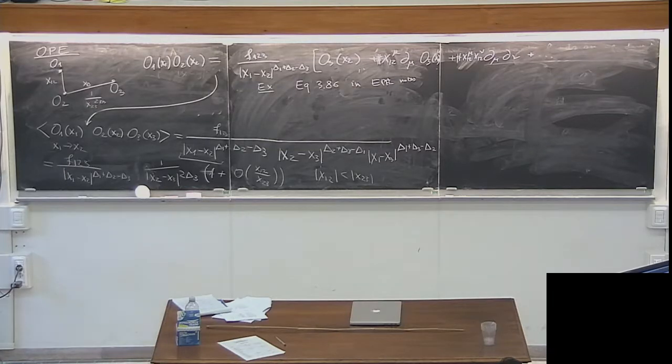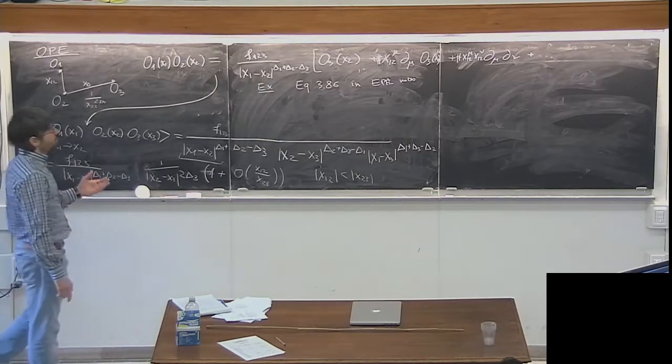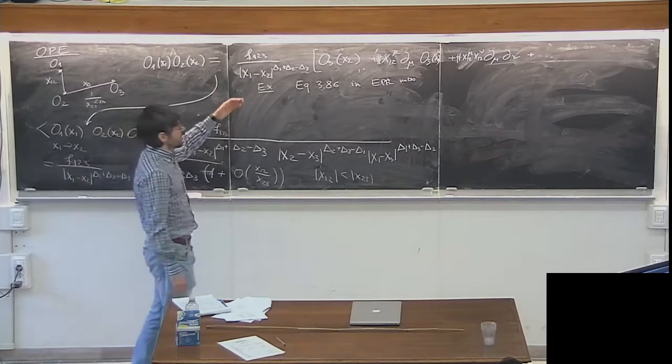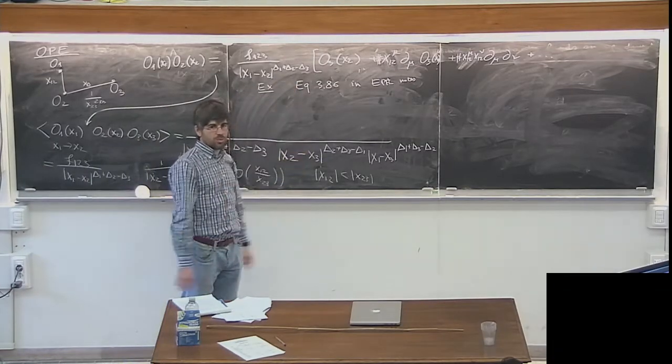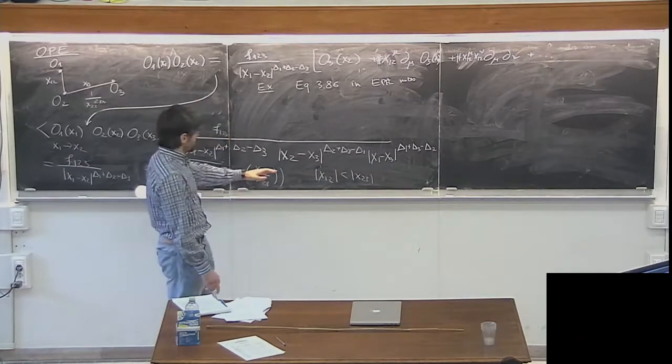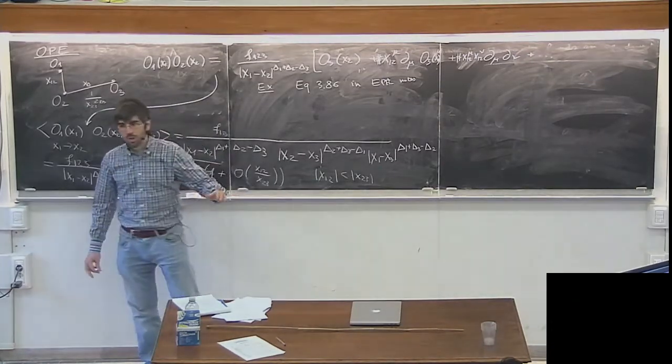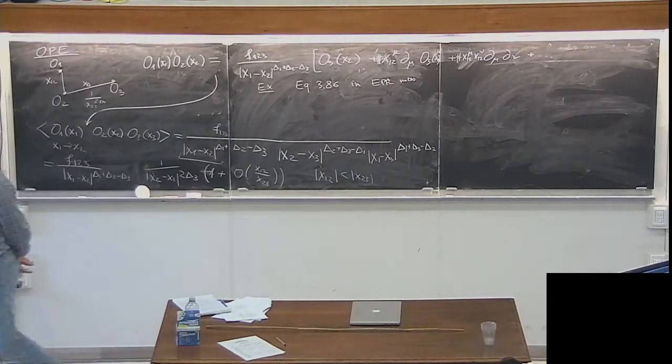But for what we are going to do next, it's going to be very important to use the OPE not just at infinitesimal point separation, but also at finite point separation. As long as you are within the radius of convergence, you can use the OPE. So that was one comment.